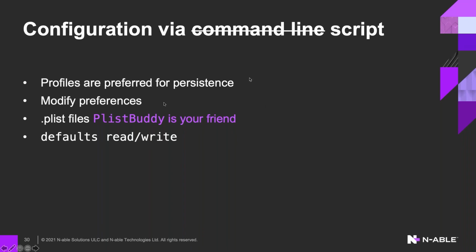The best friend that you have in managing them is an application called PlistBuddy. The other way, sort of a shortcut to accessing the specific keys within those property lists, is the defaults command. I'll show you that here in just a second. To use the defaults command, you're going to need to know what keys you want to change and what values are allowed in that key.